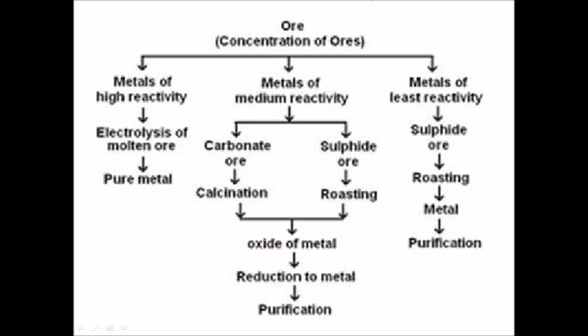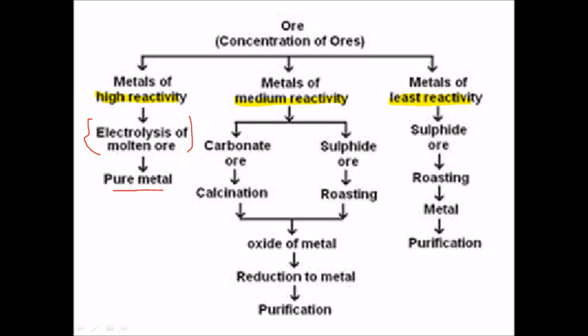This is a flow chart for the extraction of the crude metal for metals of various reactivities. We have metals of high reactivity, medium reactivity, and least reactivity. Those metals of high reactivity, for example the alkali metals, can be extracted by the process of electrolysis of the molten ore, wherein the pure metal can be obtained.